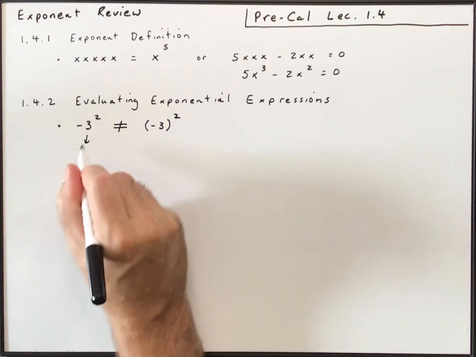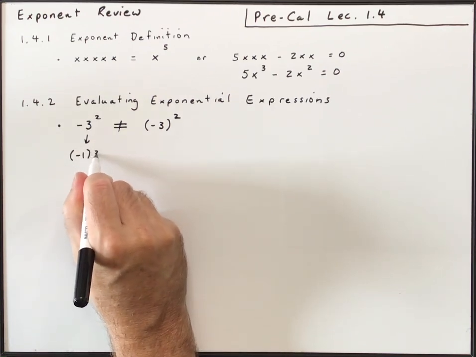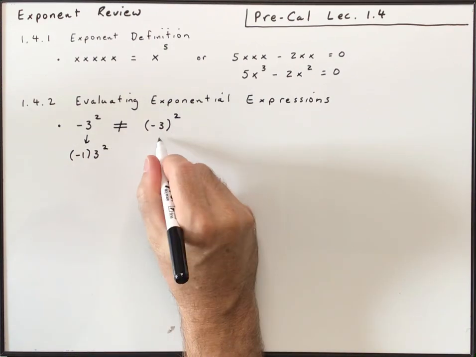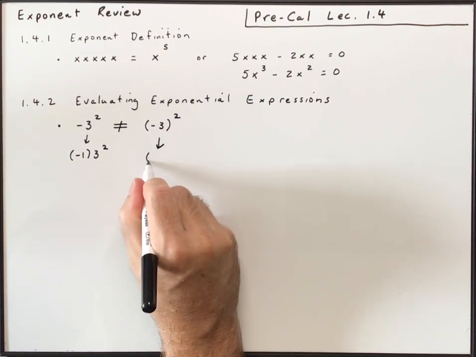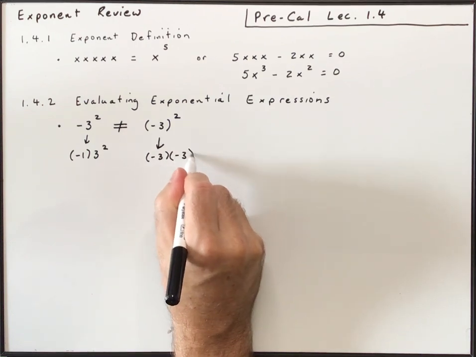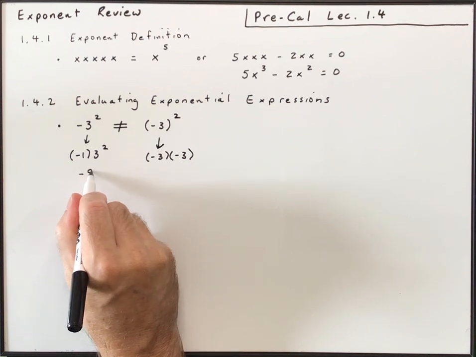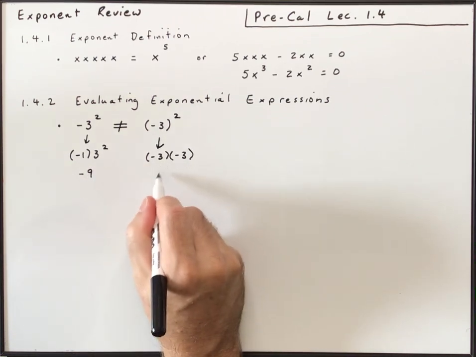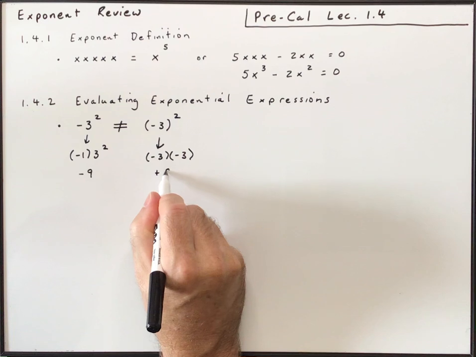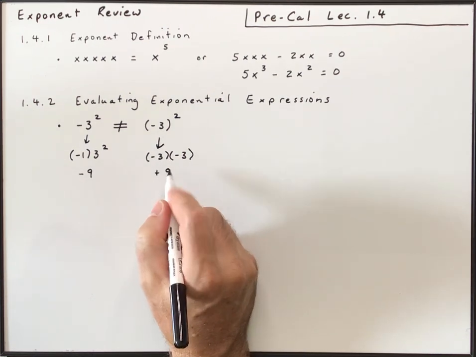This is the same as multiplying negative 1 times 3 squared, and this is the same as multiplying negative 3 times negative 3. So this would be negative 9, since 3 squared is 9, and this would be positive 9: negative 3 times negative 3 is positive 9.